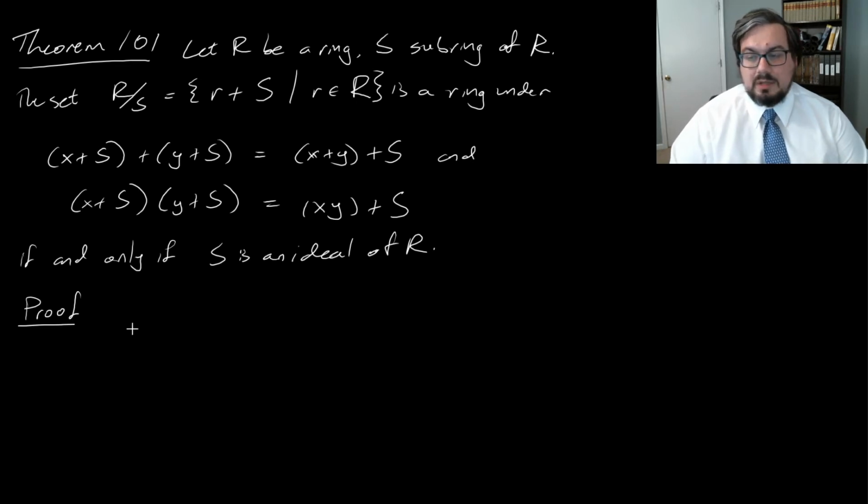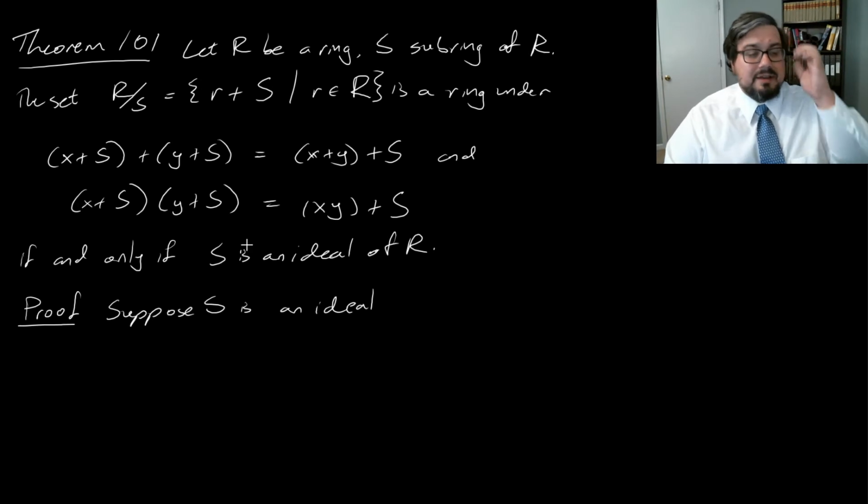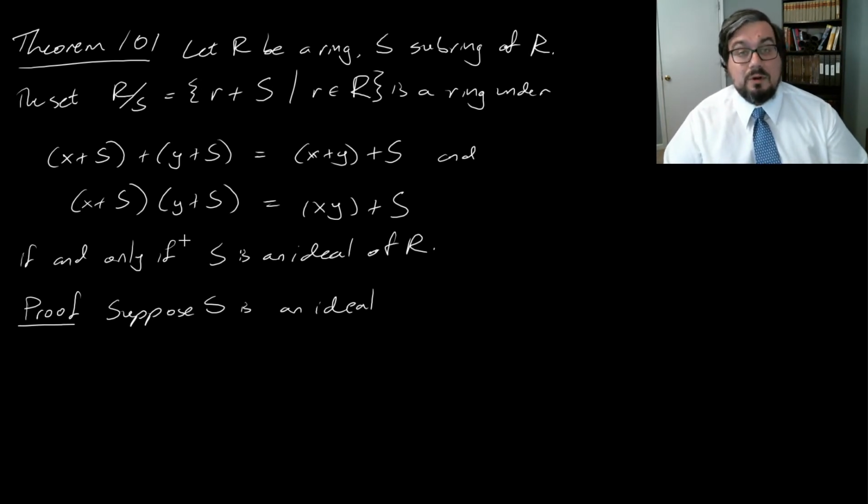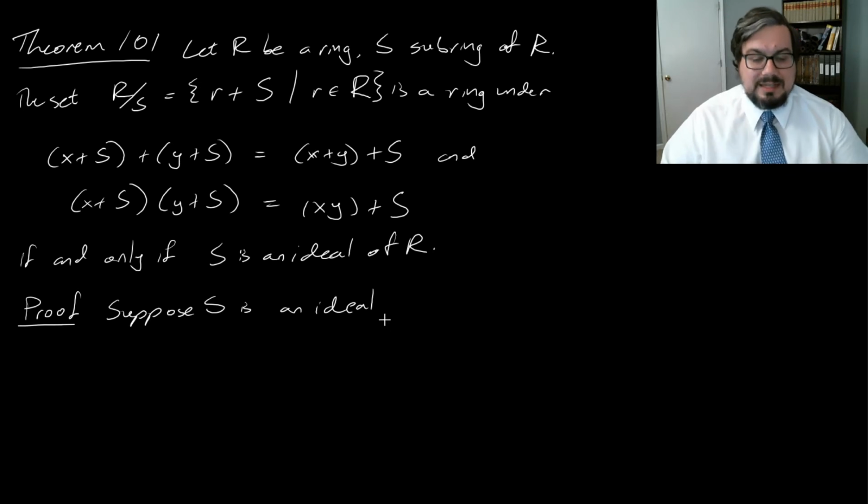Let's suppose that S is an ideal. We're going to show that if S is an ideal of R, then this set R mod S with these operations does in fact form a ring. Now there are lots of things that we have to check about this. We need to check that addition on this set forms an abelian group. That part's going to be easy.